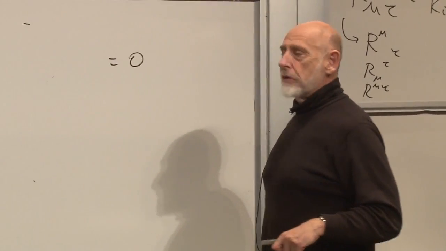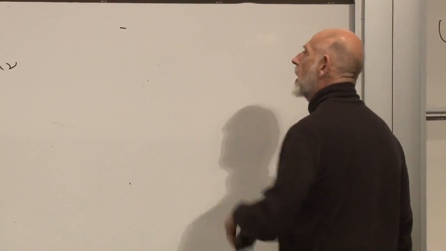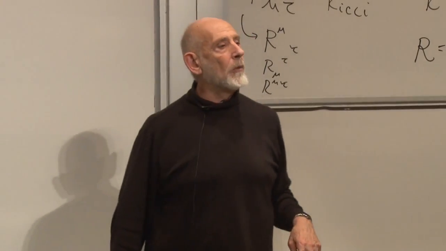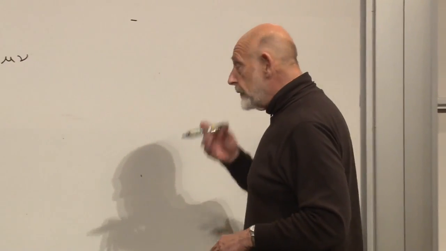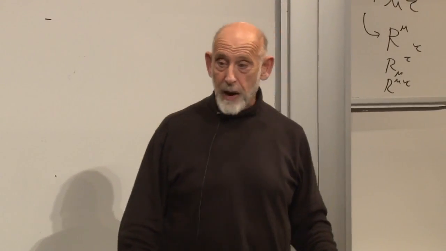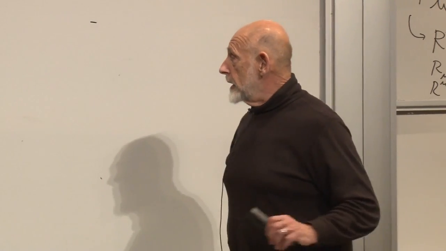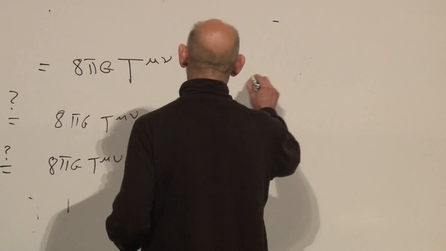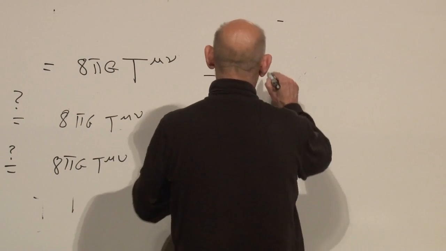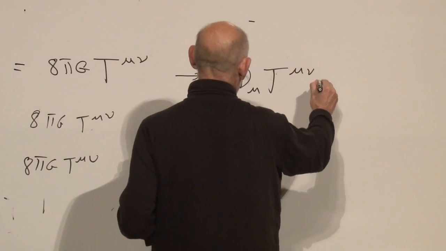Well, we know one more thing, and that's the conservation of energy and momentum, or better yet, the continuity equation for energy momentum. If we believe that energy and momentum only disappears if it flows through walls of systems, in other words, if there's a flow, then we are forced to the conclusion that the covariant derivative D mu of T mu nu is equal to 0.